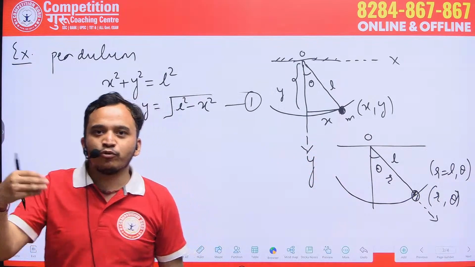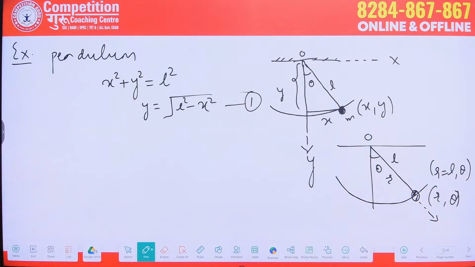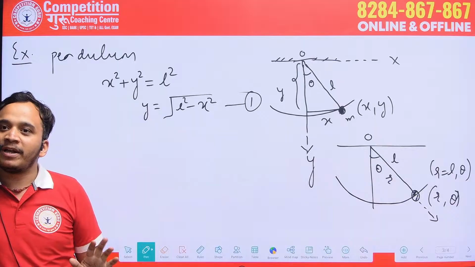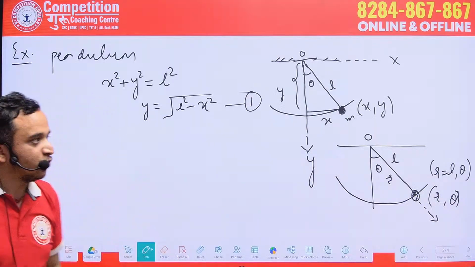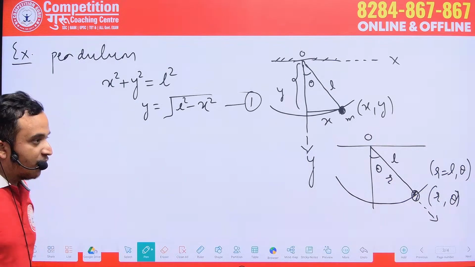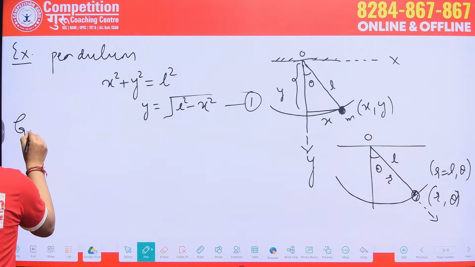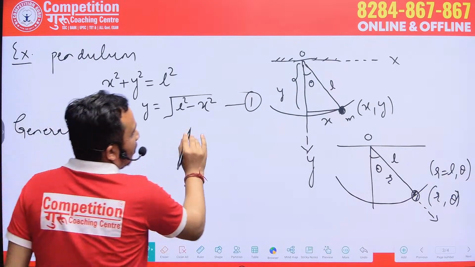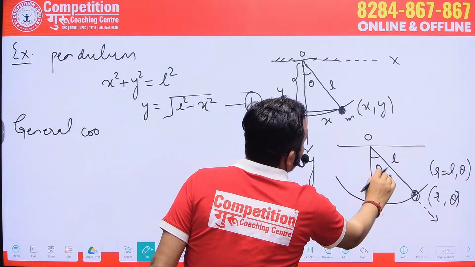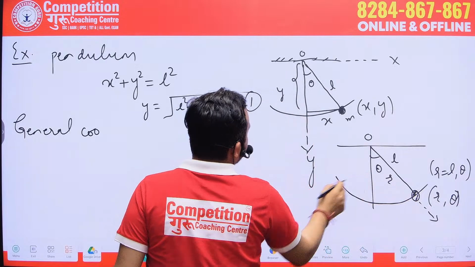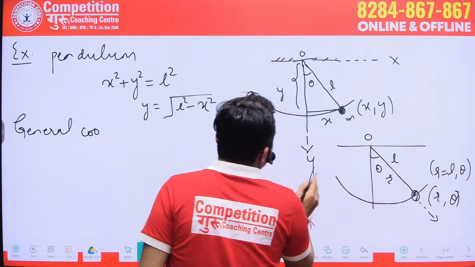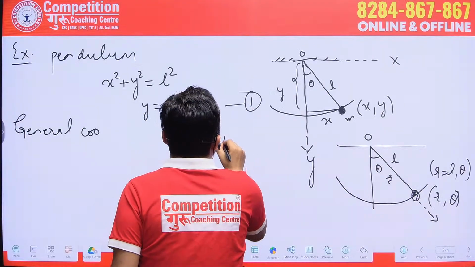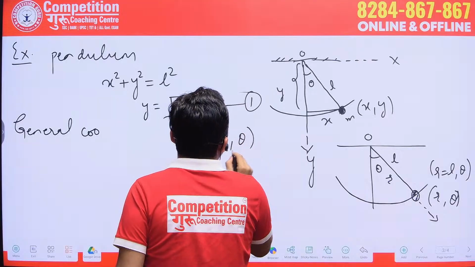So whenever we have to solve a Lagrangian problem for a pendulum system, we will always use the plane polar coordinate system. Okay, so now we can say that from these two examples, in equation number 1 here it is x and y, and here it is L and theta in the plane polar coordinate system.